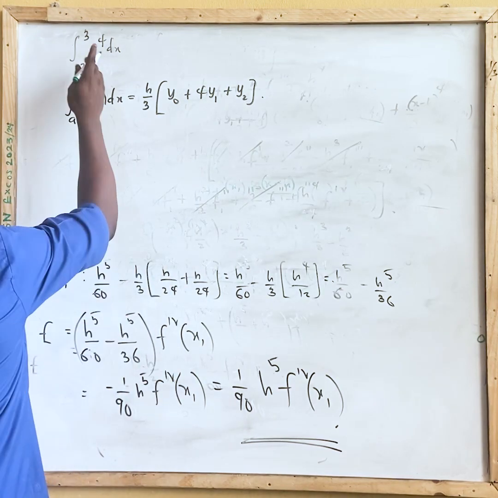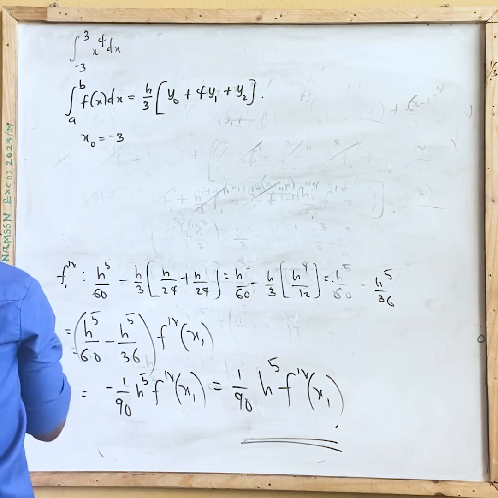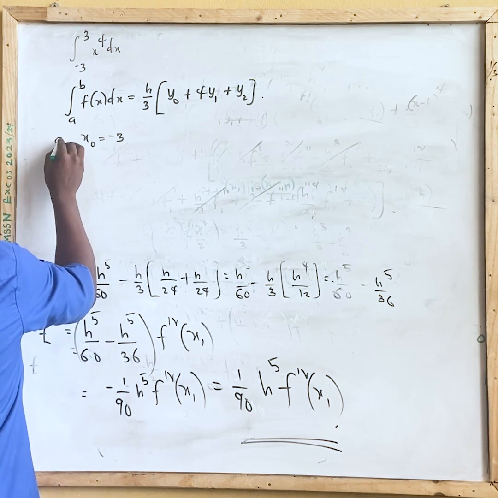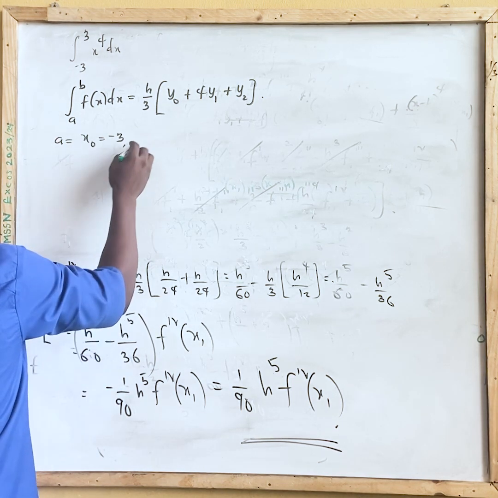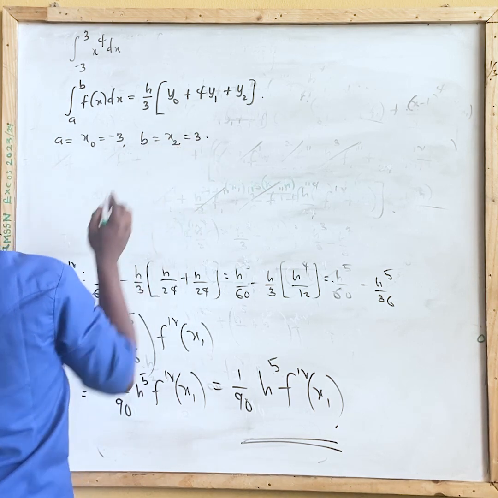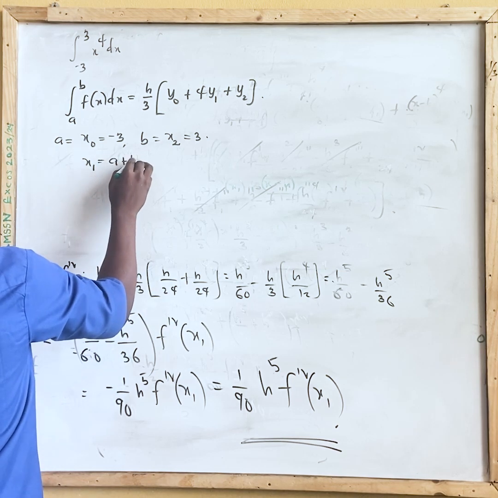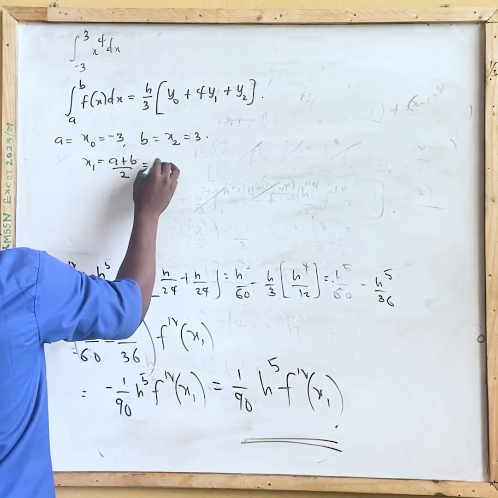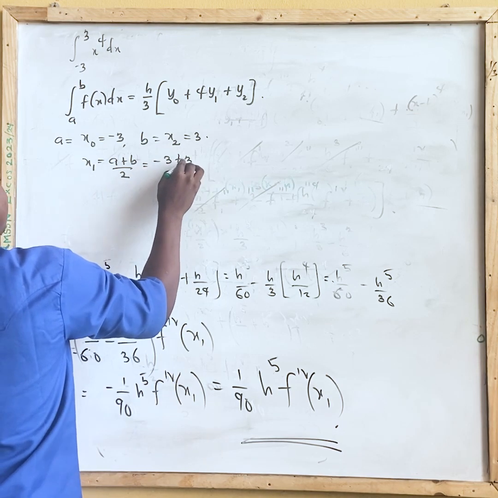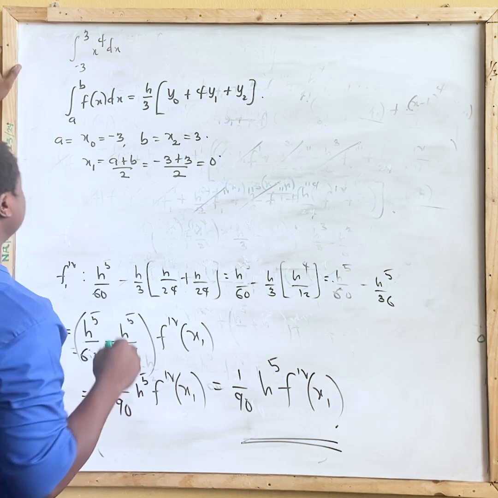Of course, here in our question, a is x0, which is minus 3, and then b is x2, which is 3. So therefore, our x1, which is supposed to be a plus b over 2, would then be minus 3 plus 3 over 2, which is 0. So we have everything we need.